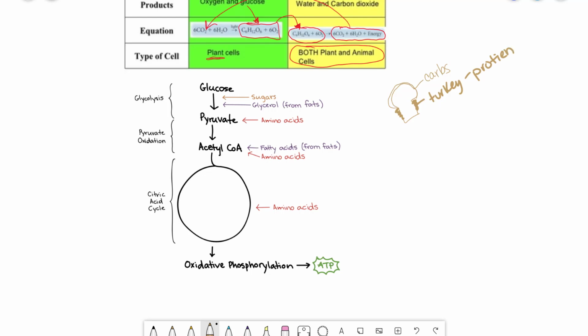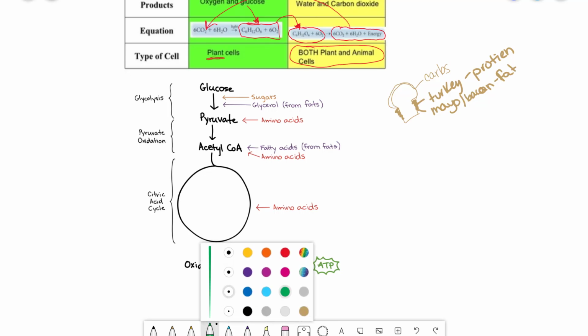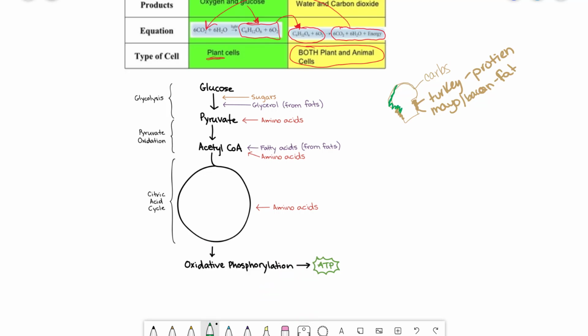Then we got to put some mayonnaise on that. So let's say we got some mayo, or bacon. Bacon will provide us some fat, right? Then, of course, because we want to pretend like we're healthy, we'll add a little bit of lettuce in there too.